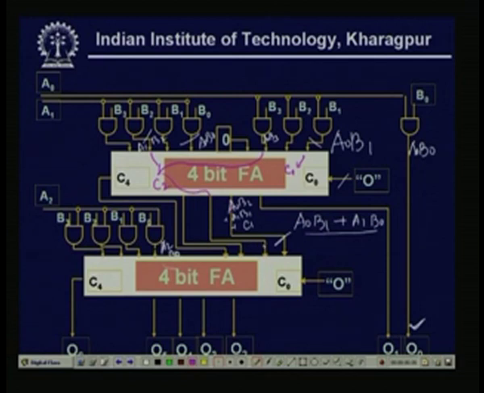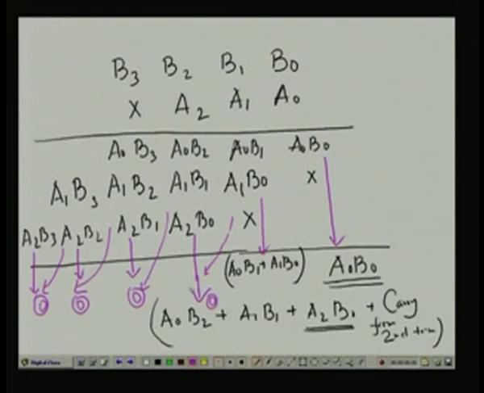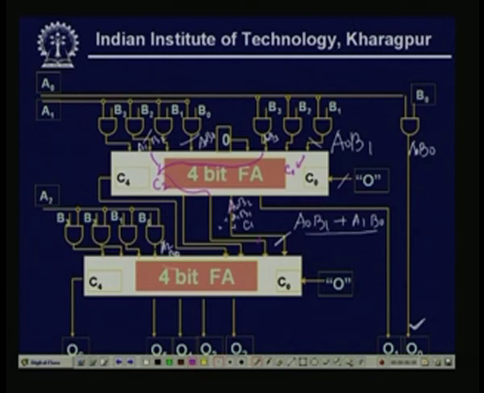Another term is left; A0 B3 and A1 B2 are already considered, and the carry is also considered. The other term is A2 B1, which is also the second bit. So, the next 4 bit full adder takes a summation of the second bit; this is one and this is another.